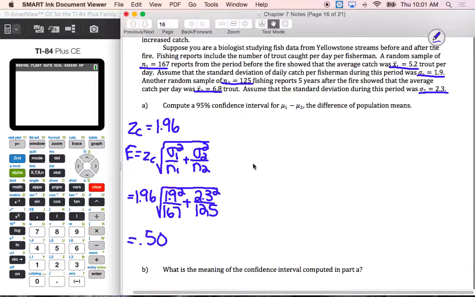So to find your interval: x1 bar minus x2 bar minus E, mu1 minus mu2, x1 bar minus x2 bar plus E. So now you're just plugging everything into the formula.